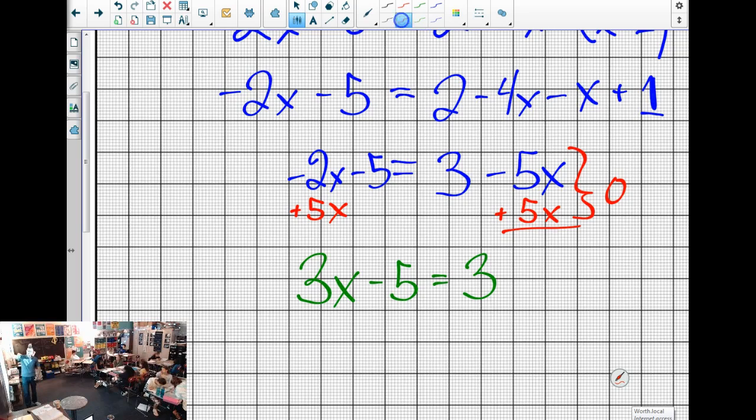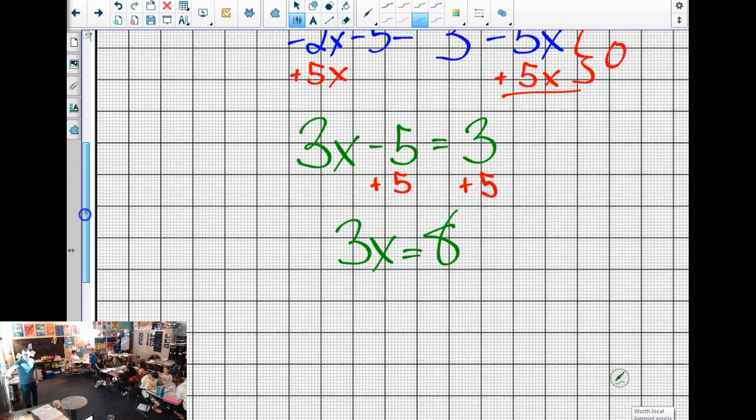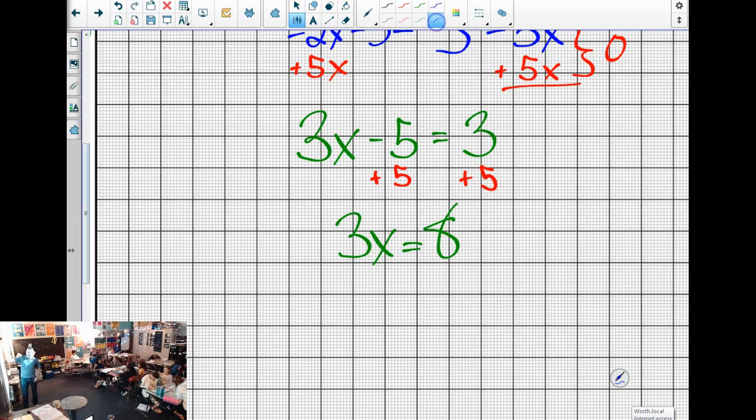Then to get rid of that negative 5, we can add 5. And we get 3x becomes 8, because my 3 plus my 5. Then the inverse of multiplying by 3, what's the inverse of multiplication?